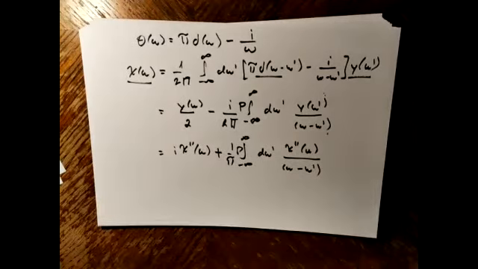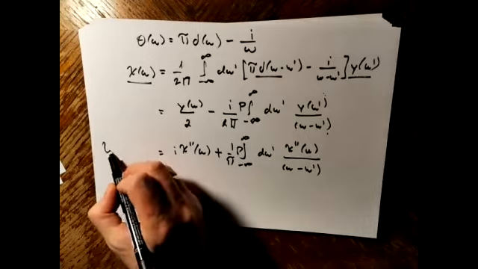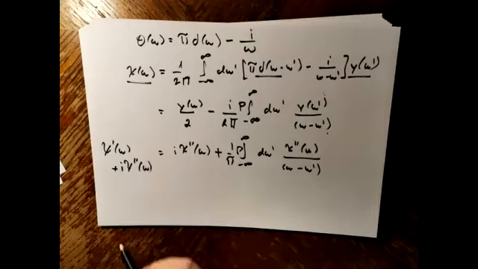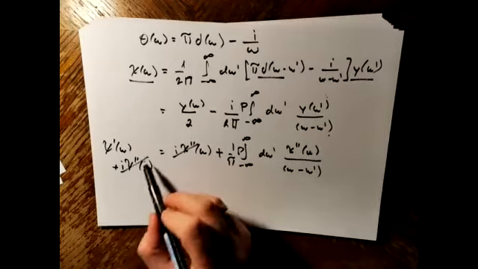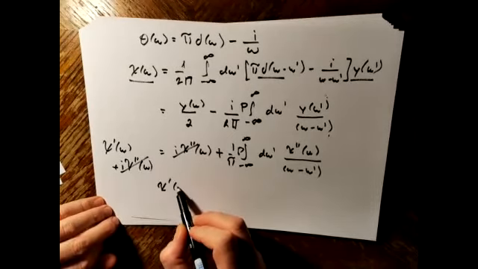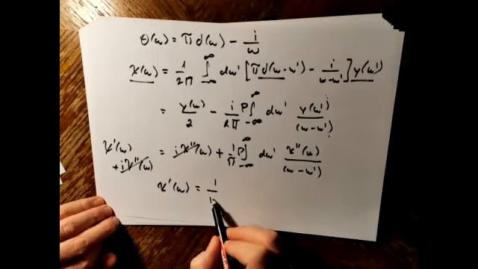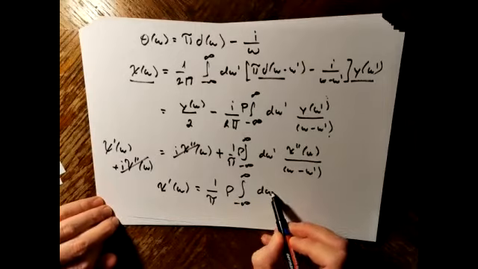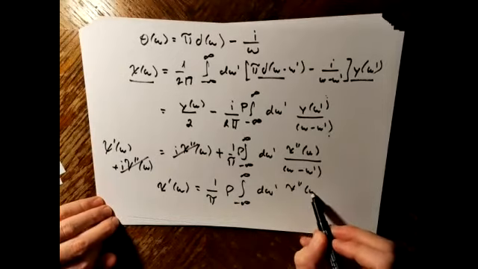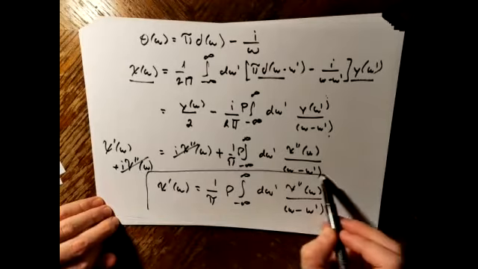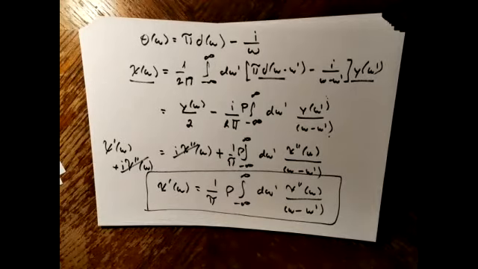On this side we have the full susceptibility, χ′(ω) plus iχ″(ω), and we see that on this side we have an iχ″(ω). So what we found is that χ′(ω) is 1 over π principal value integral from minus infinity to plus infinity dω′ χ″(ω′) divided by (ω−ω′). Okay, and that's one of the Kramers-Kronig relations.